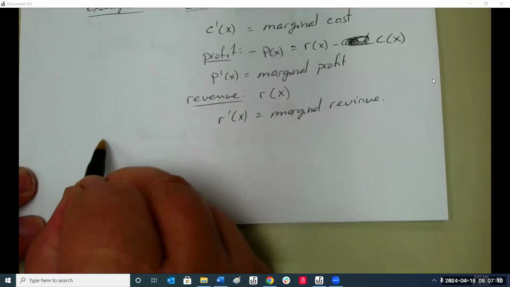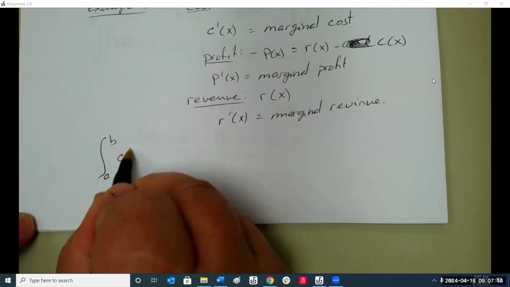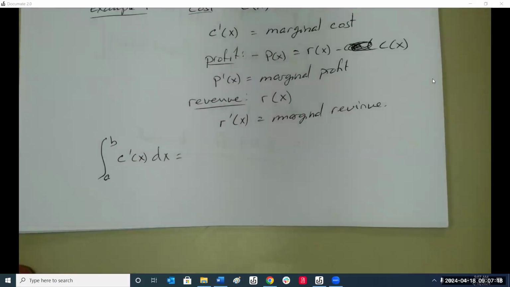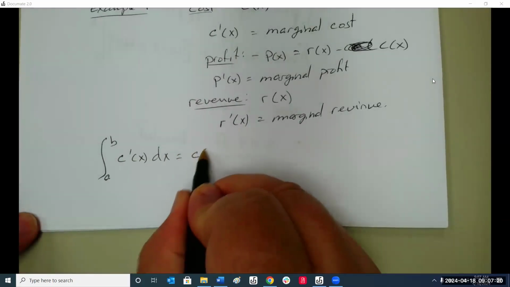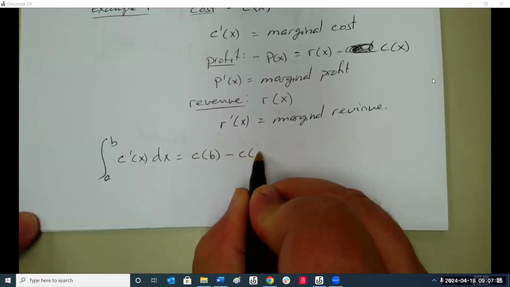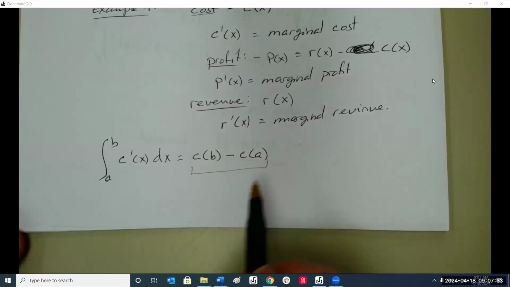So when we look at the integral of our cost function, what that equals is the cost of making the most amount minus the cost of making the least amount. The difference of the costs. That's what the marginal is. The reason it's called marginal, it's within this margin.